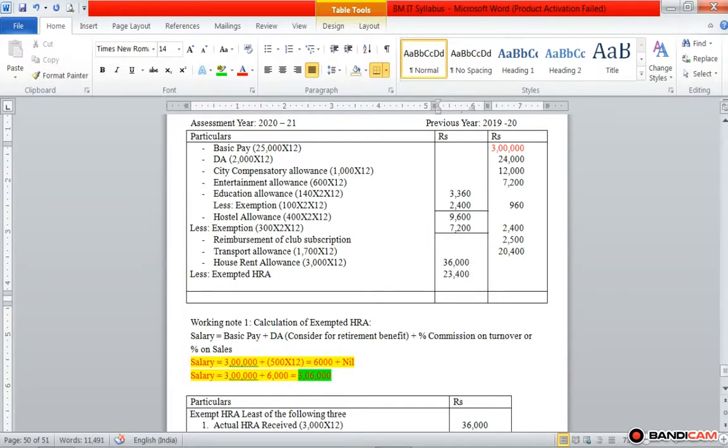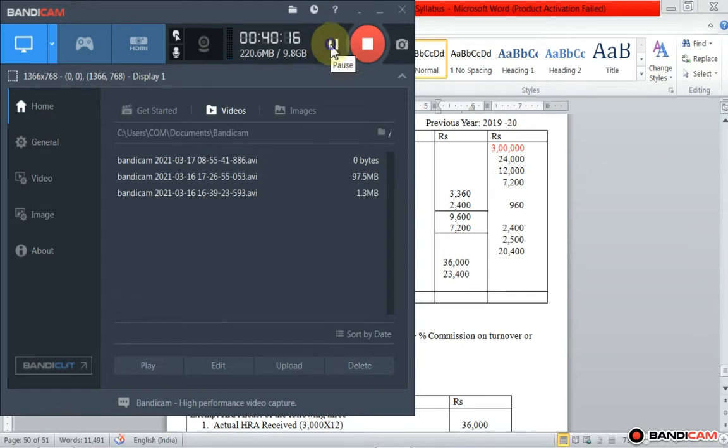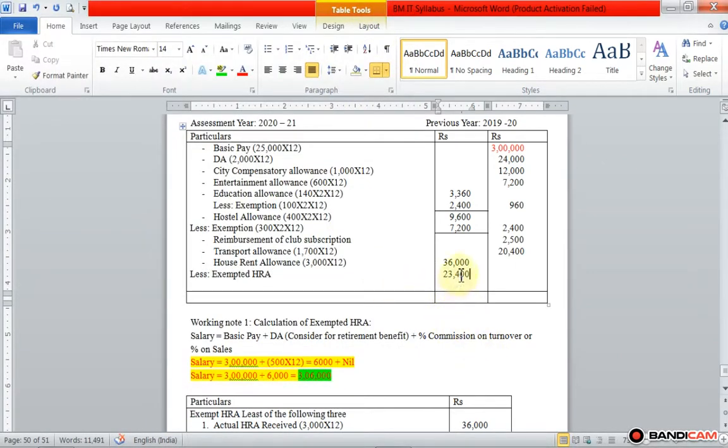The exempted HRA is 23,400 and the remaining balance is taxable. So the remaining balance is 12,600. So 12,600 is taxable.